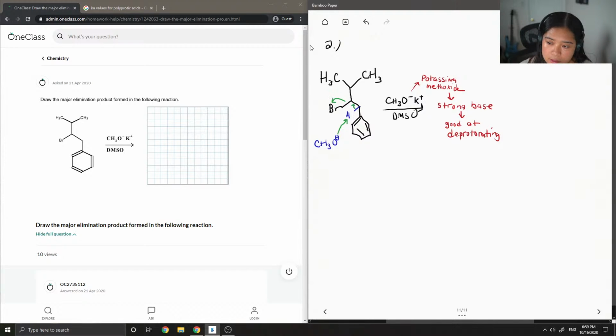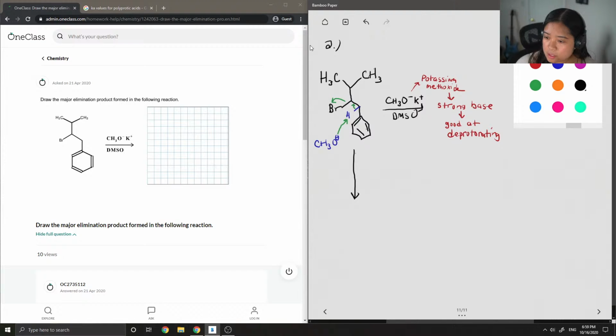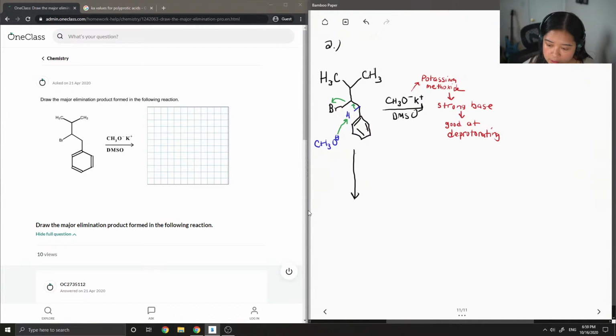And then our bromine is the leaving group. So the product that comes from here will look like this. So you see we have a new double bond that's right here.